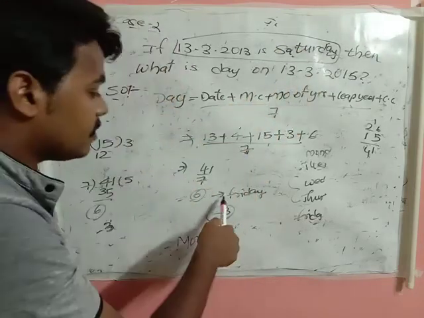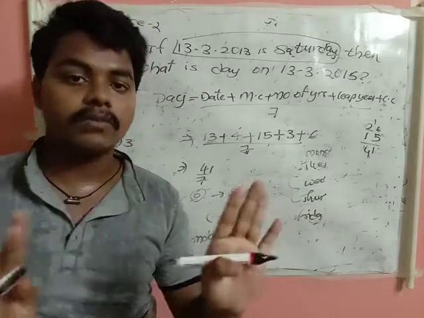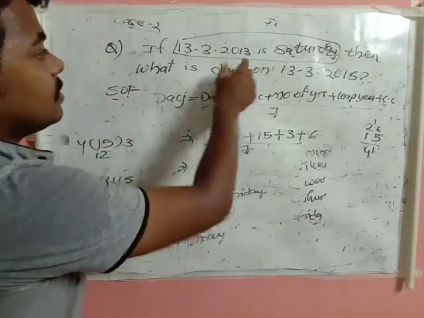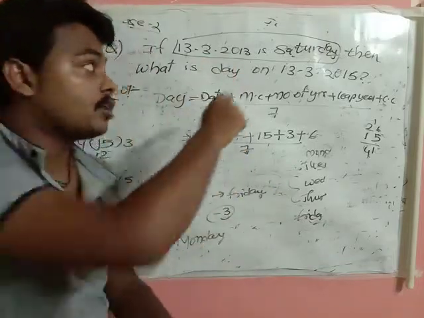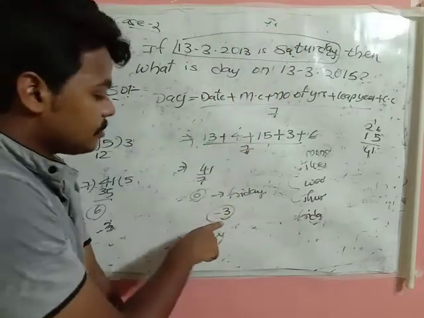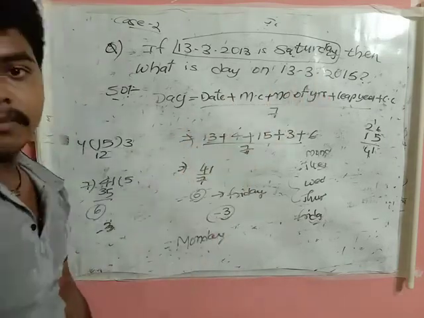The option Friday will be available in the four options, and if you pick Friday it is wrong, because we did -3 from Wednesday to get Saturday. So the same should be applied here, and 13th March 2015 is Monday.